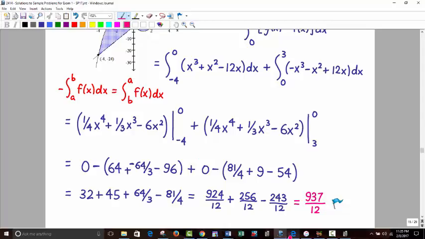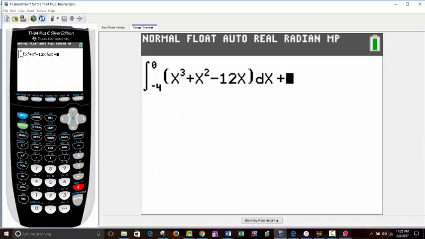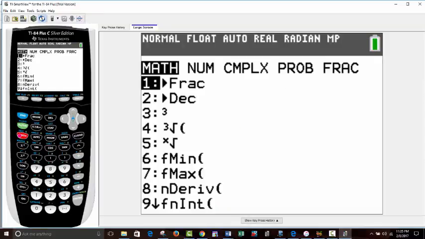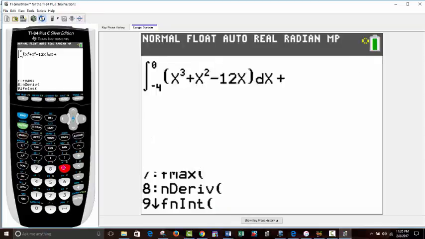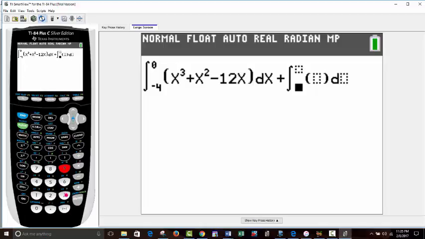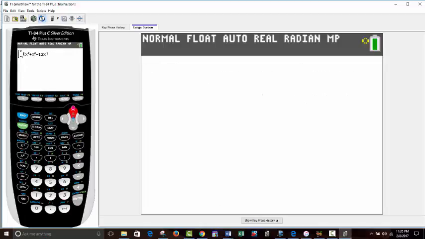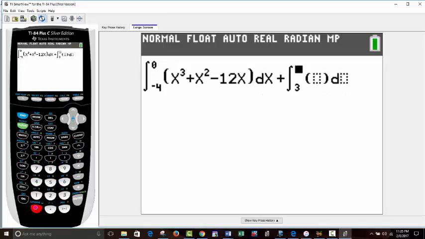I think I'll just do that. It doesn't really matter, whatever you prefer. So I'll go 3, 0, and then I'll type in exactly what I typed in for the first one.